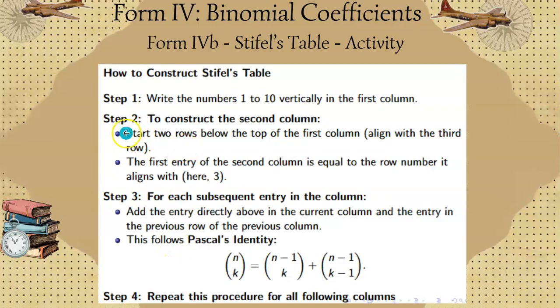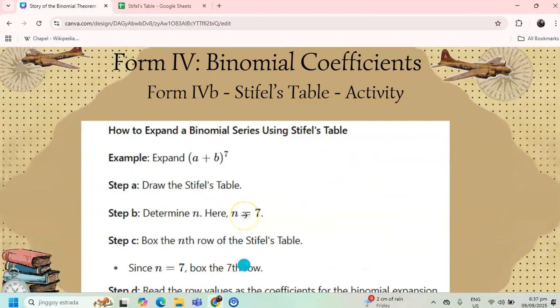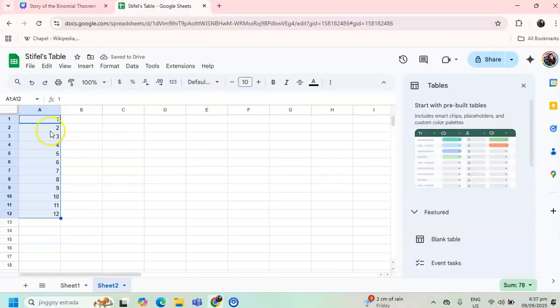And now step number 2. To construct the second column, we start 2 rows below the top of the first column, so basically the third row. The first entry of the second column is equal to the row number it aligns with. So let's see what is the number in the third row of the first column.